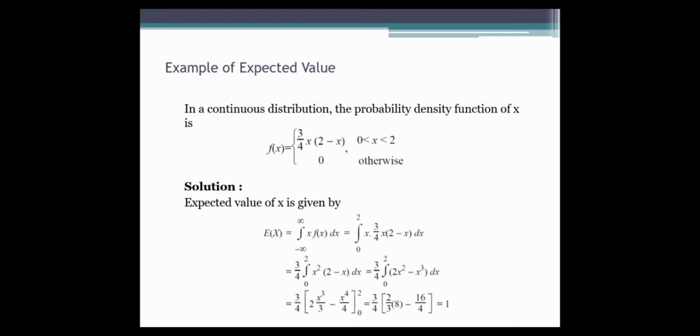Then, the solution is the expected value of x is given by the expected value of x is equal to the integral of x times f of x times dx, which is equal to the integral from 0 to 2 of x times 3 over 4 x times 2 minus x times dx.